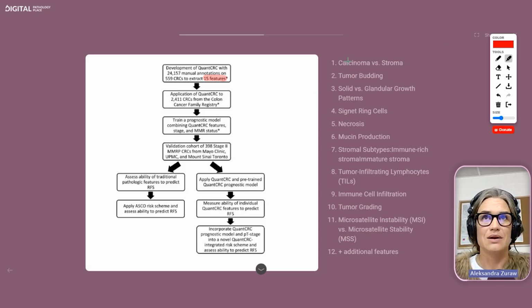They annotated carcinoma versus stroma, and they evaluated tumor budding, solid versus glandular growth patterns, signet ring cells, necrosis, mucin production, different stromal subtypes, immune-rich stroma and immature stroma. Then they had TILs, immune cell infiltration, but that's more or less the same, probably. I don't know if maybe this was outside the tumor. Tumor grading, and they included the microsatellite MSI and MSS, stability and instability, and a few other features.